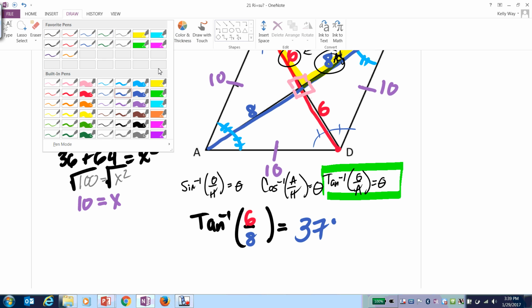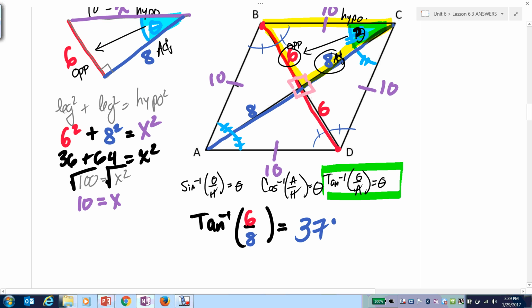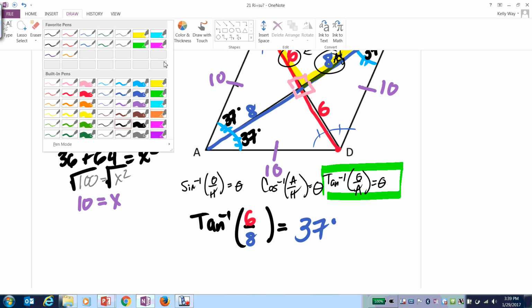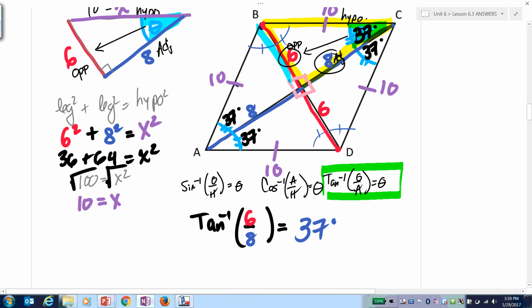Now we can come back up here, and if that's 37 degrees, once you have one angle, look, it is so easy. We have ourselves a bisector here. So that's 37. Opposite angles are equal, so that's 37, and that's 37. Triangles, folks, add up to 180 degrees.